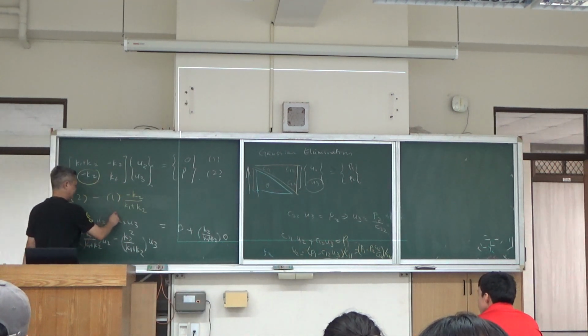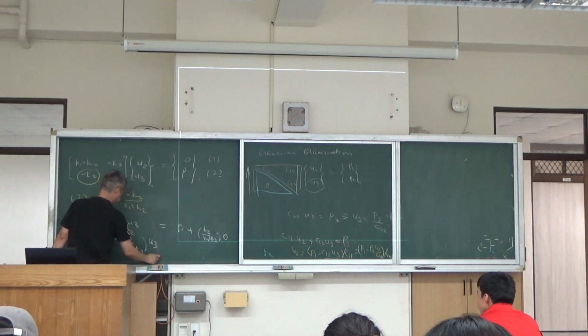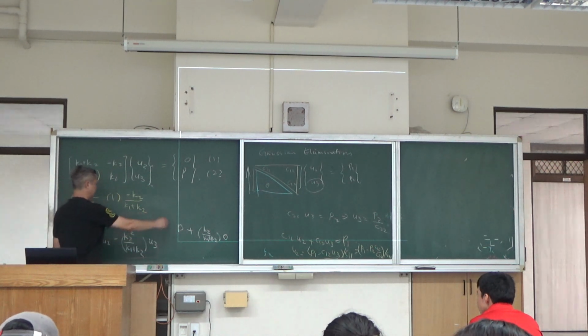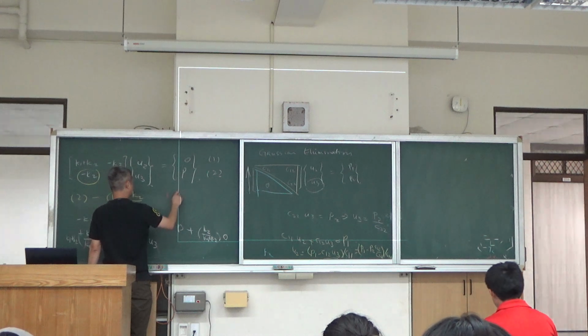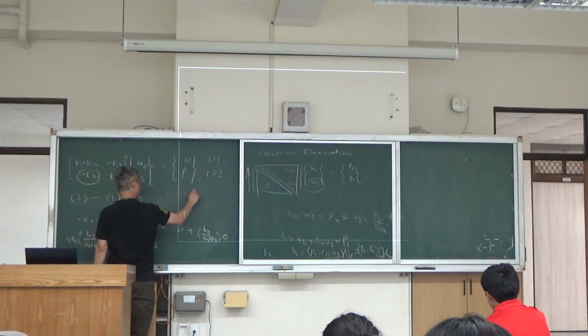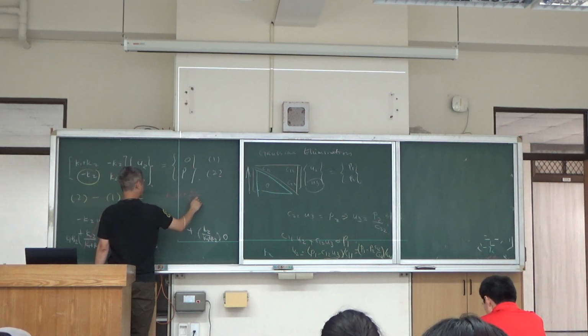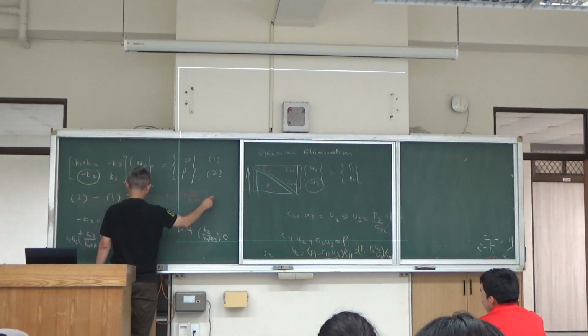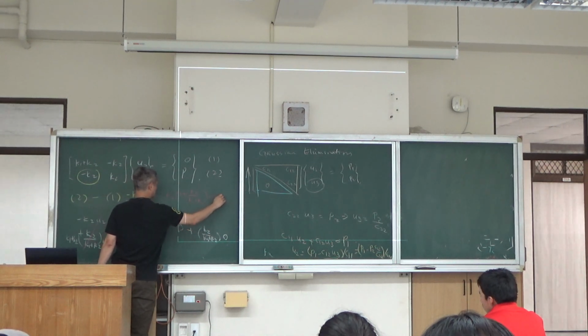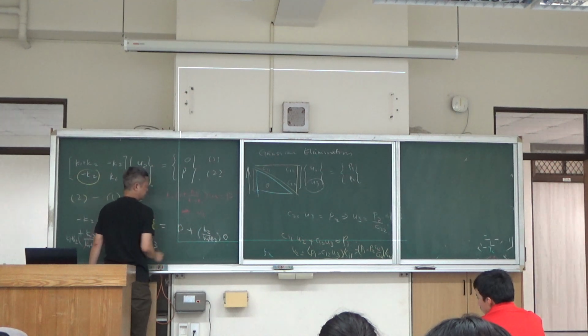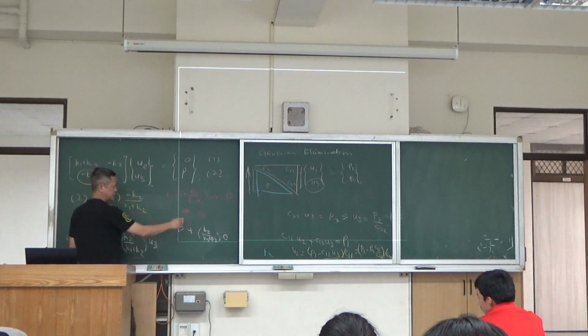Then what you're left with is this term: k1 k2 divided by k1 plus k2 times u3 is equal to P. So in this way, you're going to find u3.